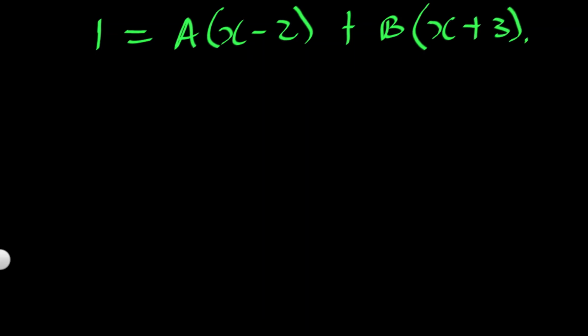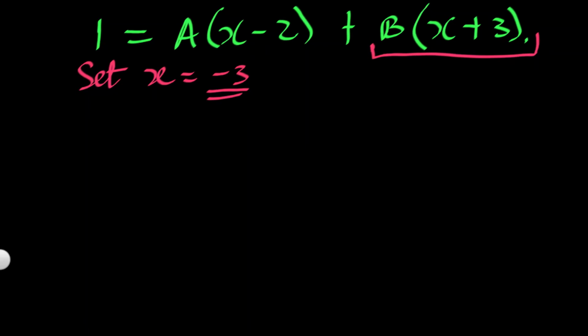Now I'm looking for a. For me to look for a, I get rid of b. So I set x equals to minus 3. If I make x equals to minus 3, I'll get rid of this whole term here. Now I'll be able to look for a.